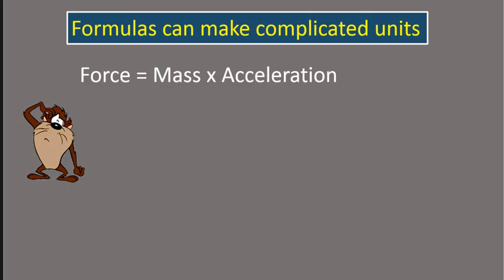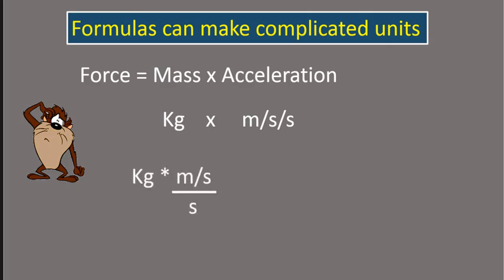So, one thing to keep in mind is that formulas can make complicated units. And the more complicated the formula, the more complicated the units can be. As a simple example, let's take a look at this formula where force equals mass times acceleration. Mass is measured in kilograms, acceleration is measured in meters per second per second.